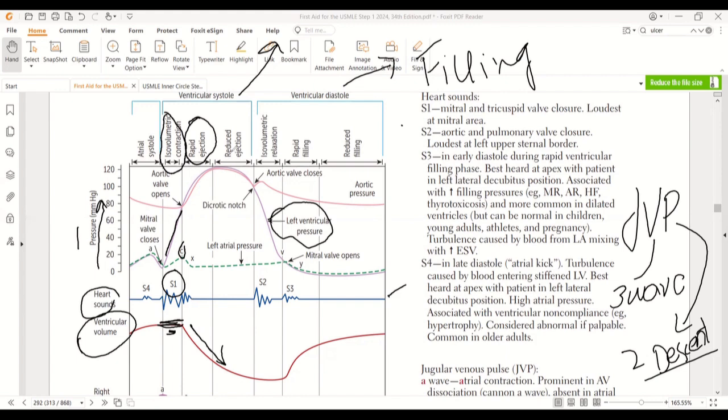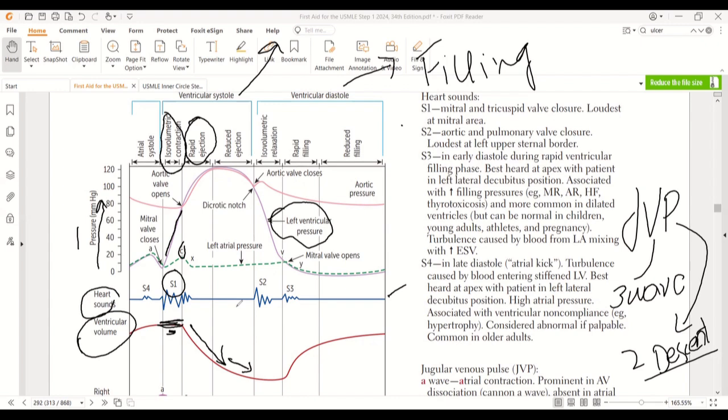After the reduced ejection, the volume is again going down, right? Does it make some sense? Yes. Blood is ejected from the ventricle and moves into the aorta, so the ventricle volume is decreased, right?